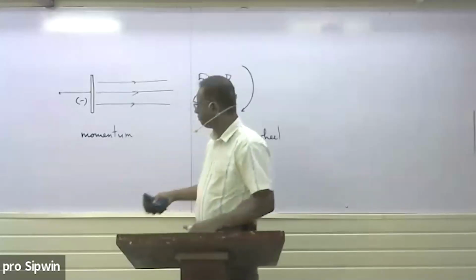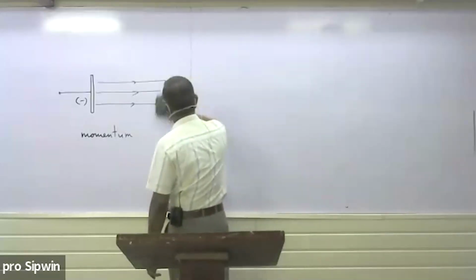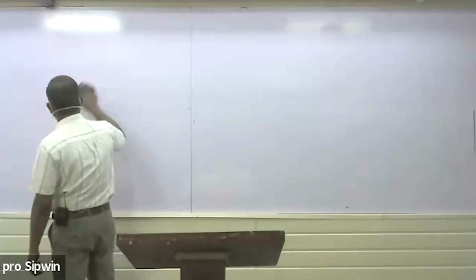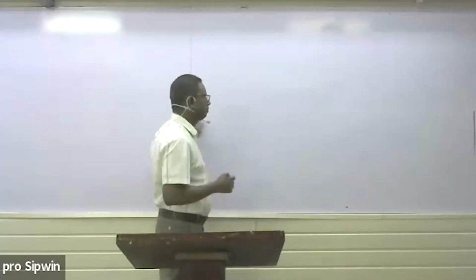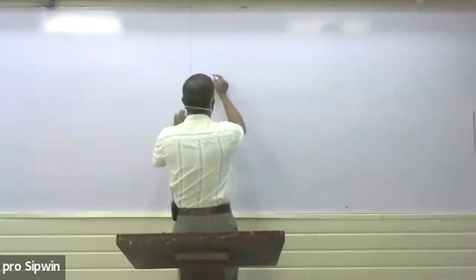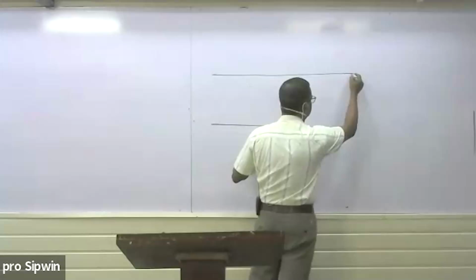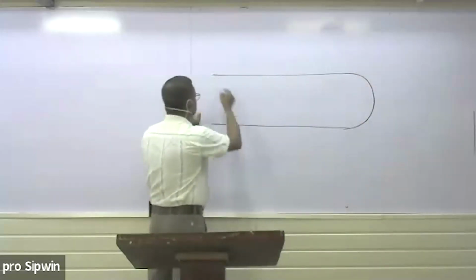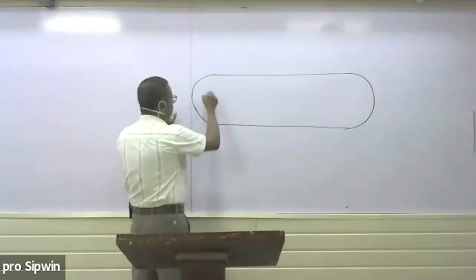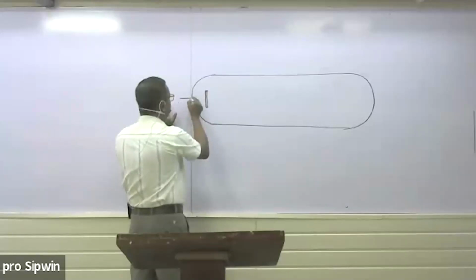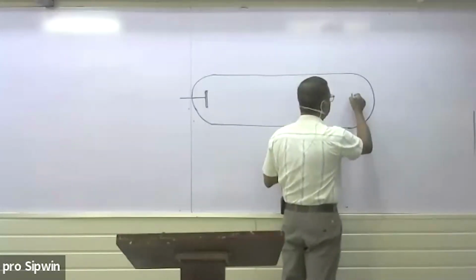How do we use that? Think it is like this. Cathode ray tube, metal plate here, cathode, anode here.